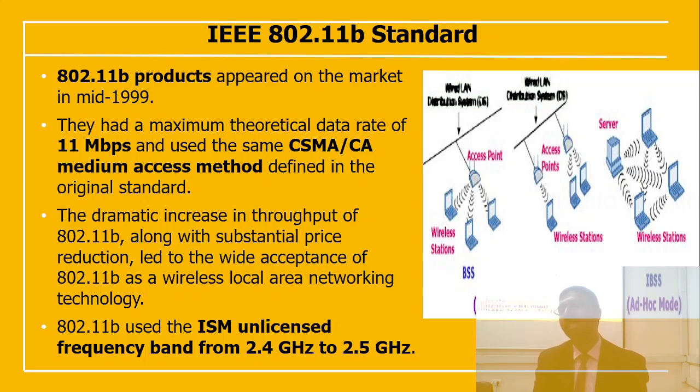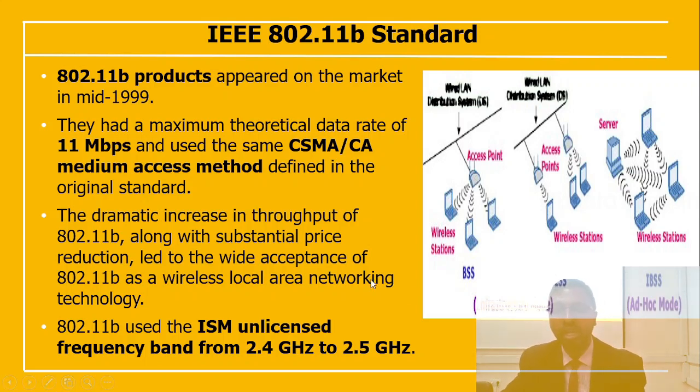The dramatic increase in throughput of 802.11b along with the price reduction led to wide acceptance of 802.11b as the wireless LAN technology. 802.11b used the ISM, unlicensed frequency band, from 2.4 to 2.5 GHz.